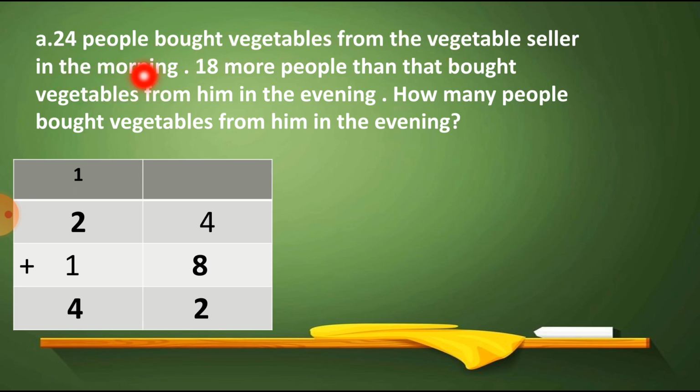I repeat this. 24 people bought vegetables from the vegetable seller in the morning. 18 more people than that, it means after 24, the 18 more people bought vegetables from him in the evening. How many people bought vegetables from him in the evening? So we have to find how many people together bought the vegetables from the vegetable seller.